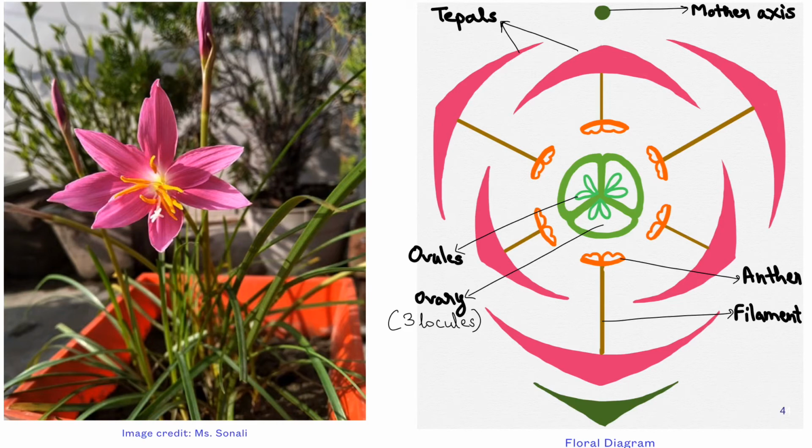Now next to androecium, there comes gynoecium. Gynoecium is a collective term for female reproductive structures which contains stigma, style and ovary. Here in the floral diagram, you can see section of an ovary. Ovary has 3 locules.